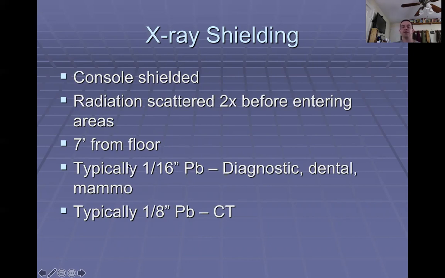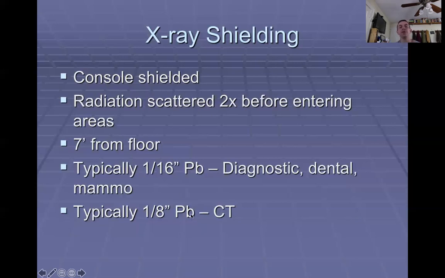And you can see that the common thicknesses of lead that are used, it's dictated by the energy of the radiation. So for diagnostic, dental, and mammo, those are low energy machines. So typically a 1/16 of an inch of lead is more than sufficient to protect those rooms. But then you talk about CT, and that gets into a little higher energy. So typically it's a little more intense radiation source as well.